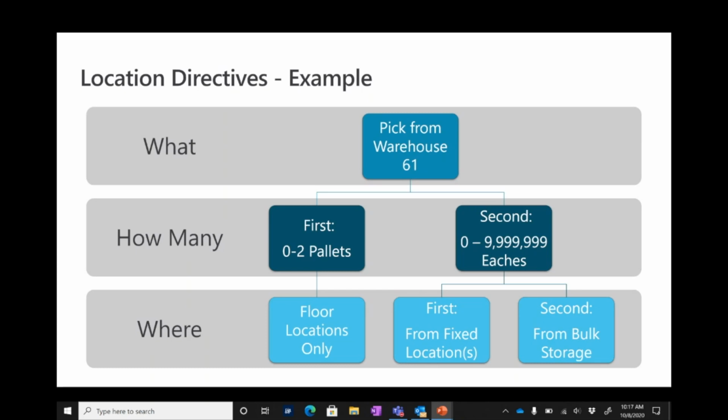But if that fixed location either does not have sufficient inventory, maybe there's only 50 units sitting there, or maybe it's empty and we have not replenished it, then I have given my directive a second sequence to check for where I might be able to pick this inventory and still fulfill the demand, because I don't want this allocation to fail. And I still want the system to create picking work for me, even if that fixed location does not have sufficient inventory. So I have given it a second option of looking in my bulk storage for those 75 eaches if the system cannot find them in the fixed location.